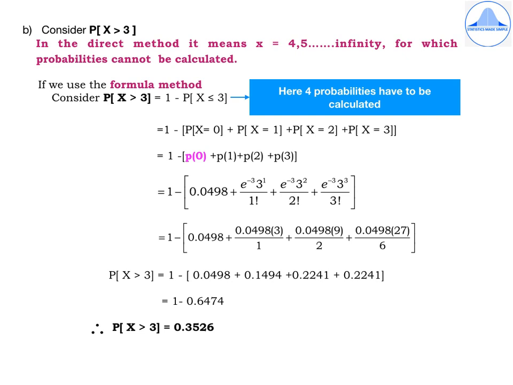So on further simplification, we get the final answer as probability of x greater than 3 as 0.3526, or in other words, the probability of getting more than 3 defective pins is 0.3526.